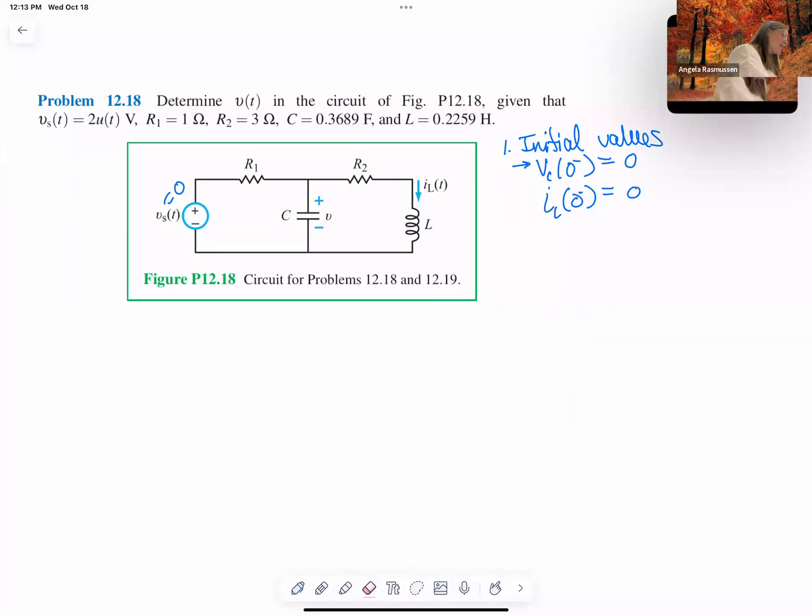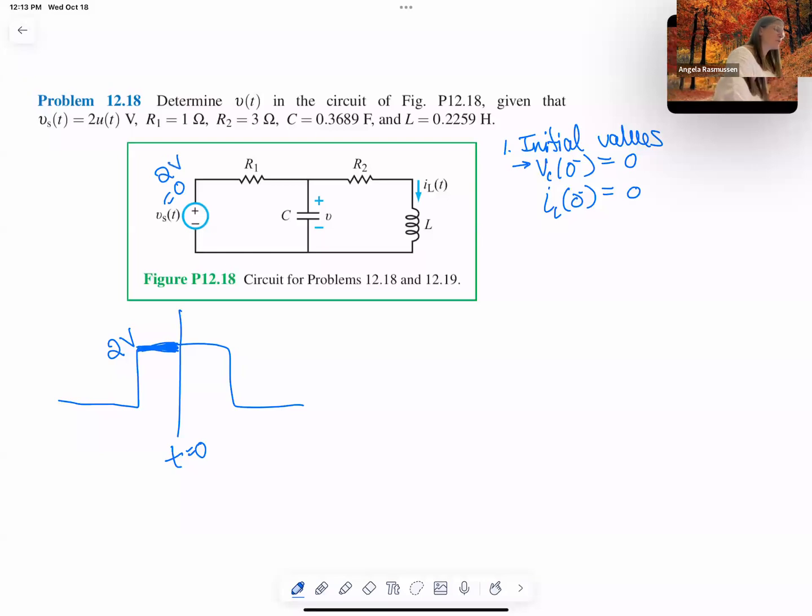So say a shift. If I had something like this, where I actually have a value before it, what would that look like mathematically? You would assume that this value has been sitting there for a really long time. Say it was 2 volts.